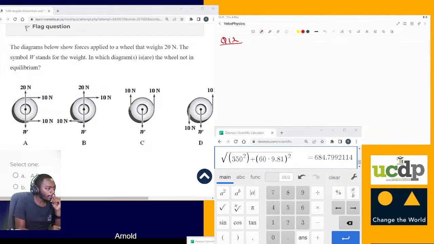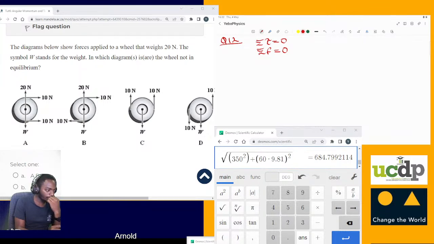So for A, the conditions for a system to be in equilibrium, we know that the summation of torque should be equal to 0, and the summation of forces should be equal to 0. So the summation of forces in the x and the summation of forces in the y should be 0.